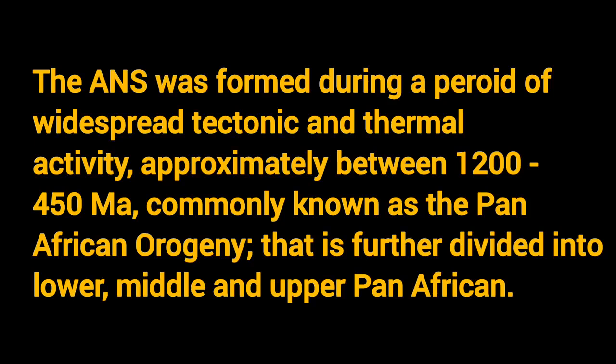The ANS was formed during a period of widespread tectonic and thermal activity approximately between 1200 and 450 million years, commonly known as the Pan-African orogeny, that is further divided into Lower, Middle, and Upper Pan-African.